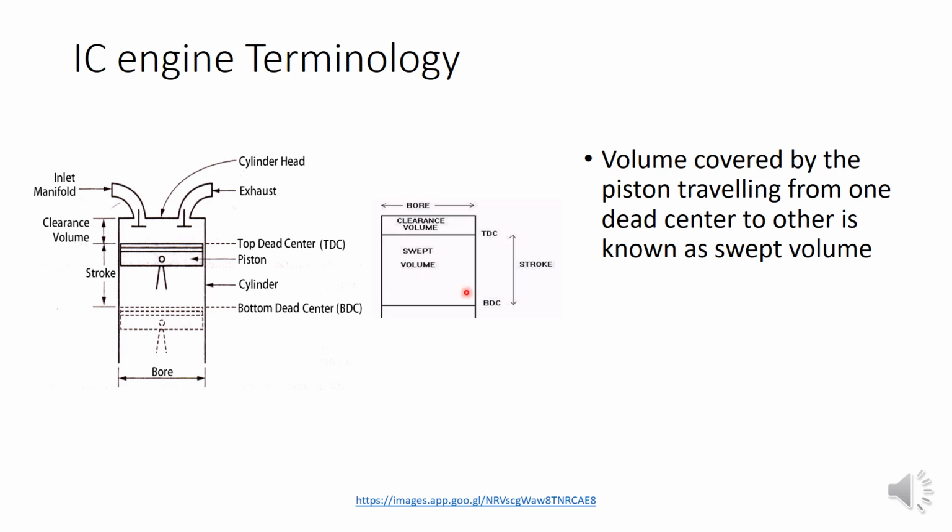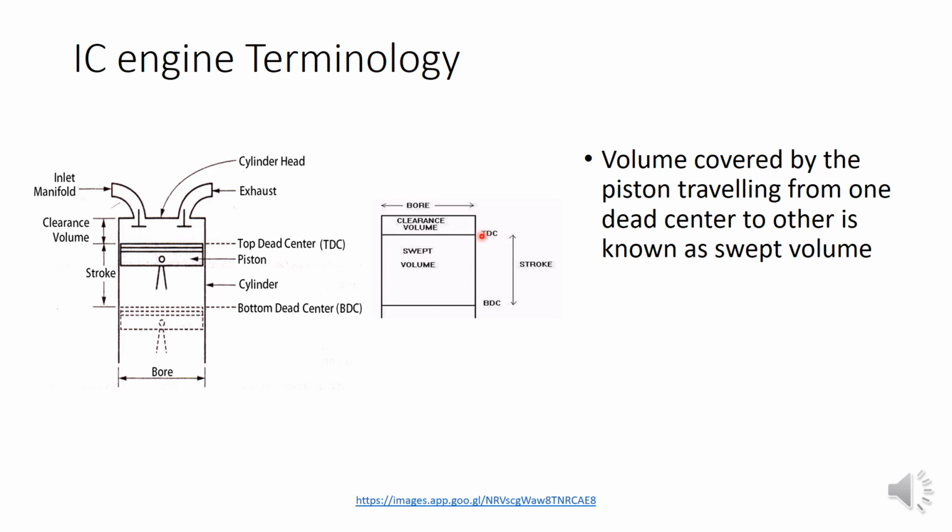Swept volume is the volume covered by the piston traveling from one dead center to the other. The distance covered by the piston is the stroke, but the volume contained between these two dead centers is known as the swept volume. So it will be the area into stroke length.